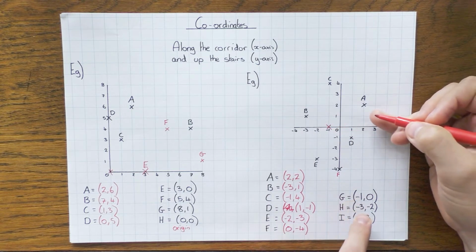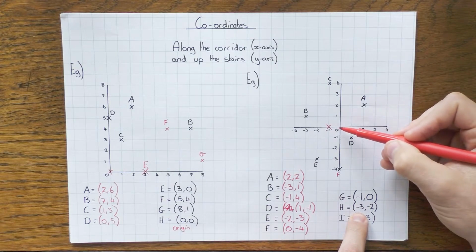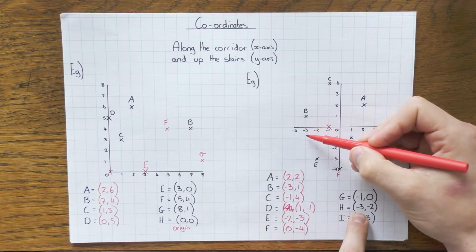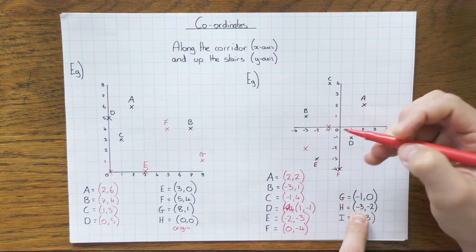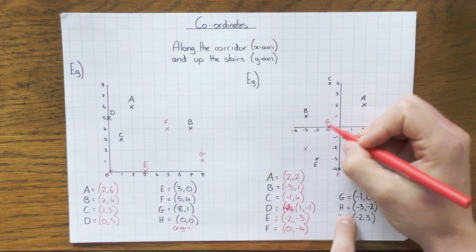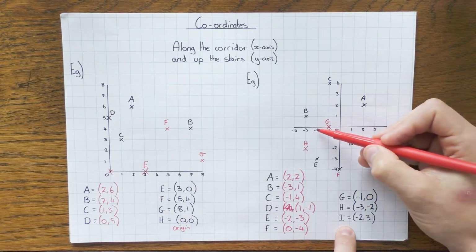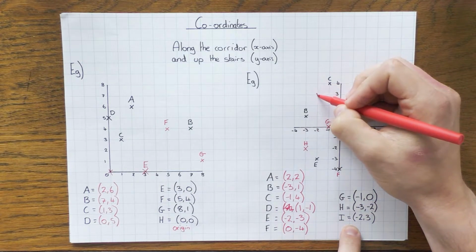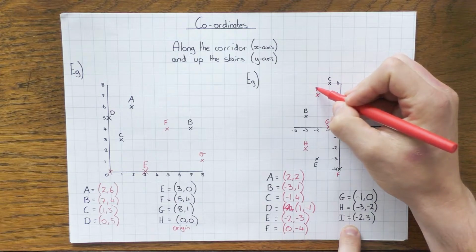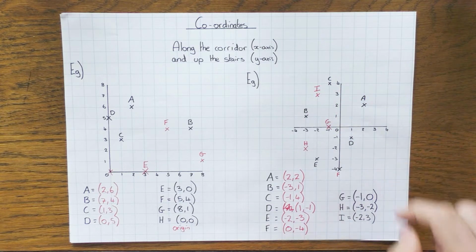No up or down the stairs there. This one here, -3, so I go along to -3 and then down -2. I should label them, shouldn't I? So that was G, and this one is H. And then -2, and then 3. And it's that simple. Along the corridor, up the stairs.